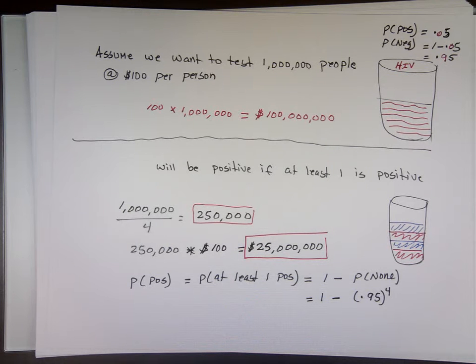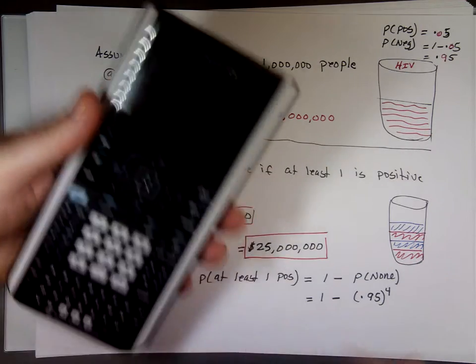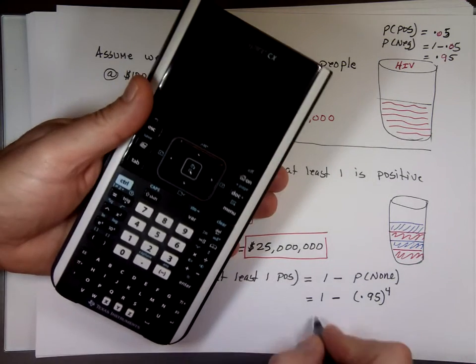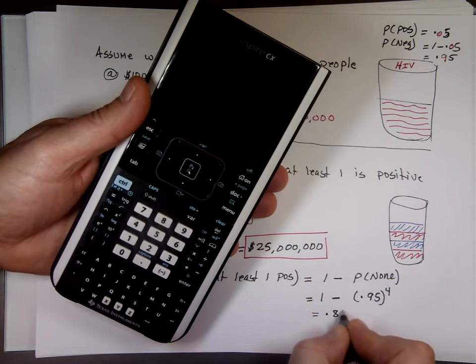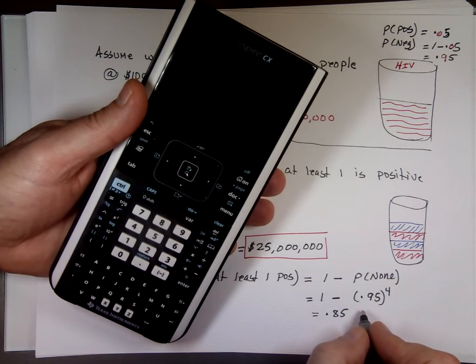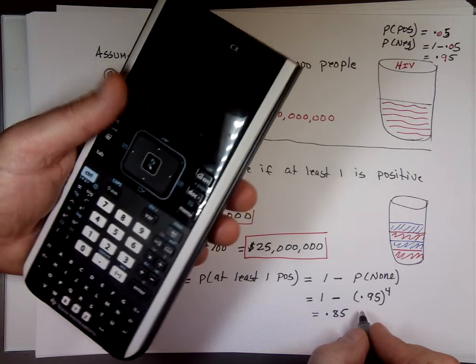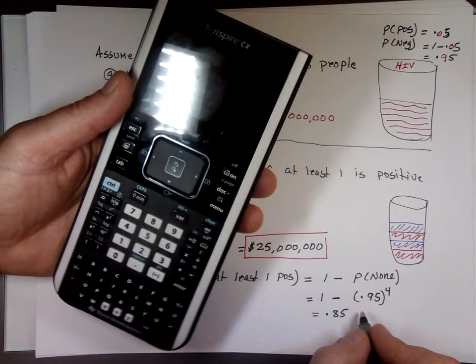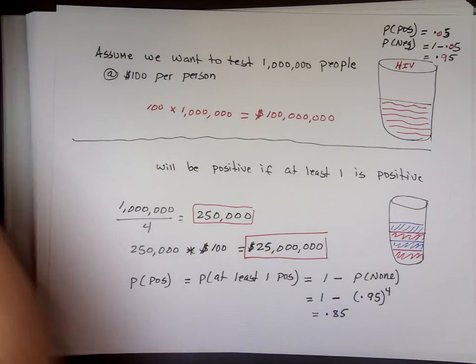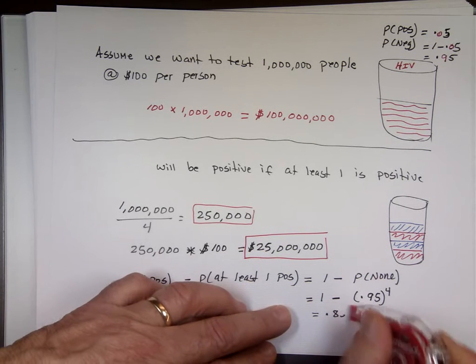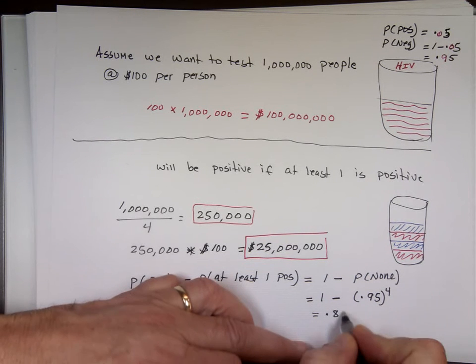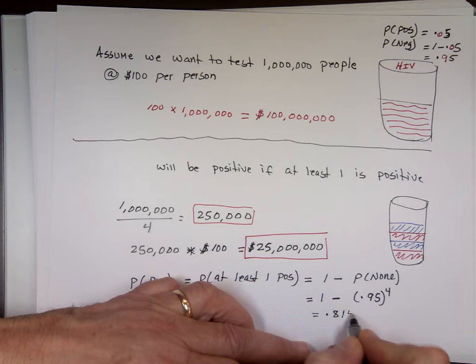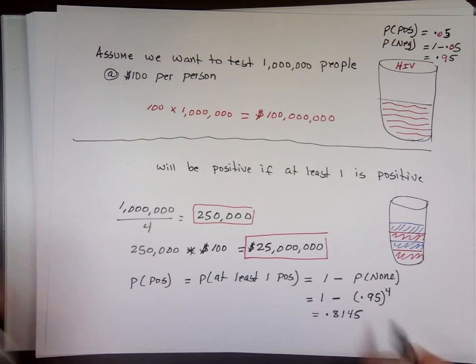Let's do the math. Well, 0.8145. So that's the chance the tube is negative.